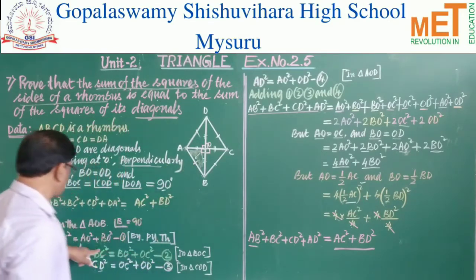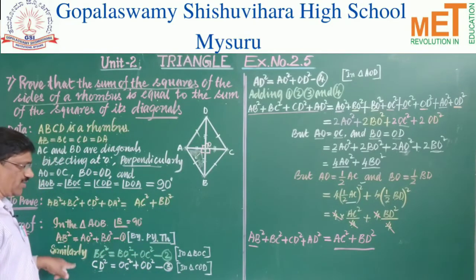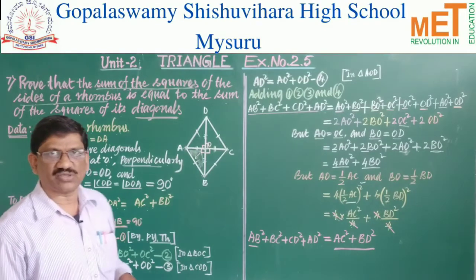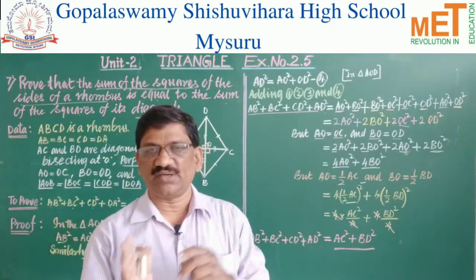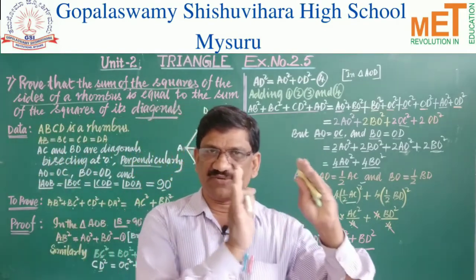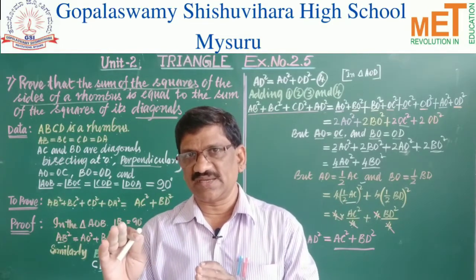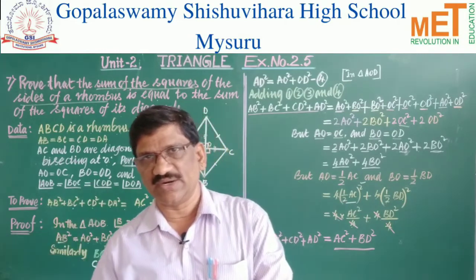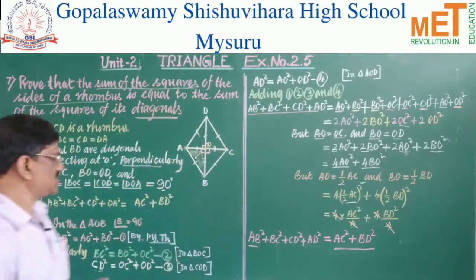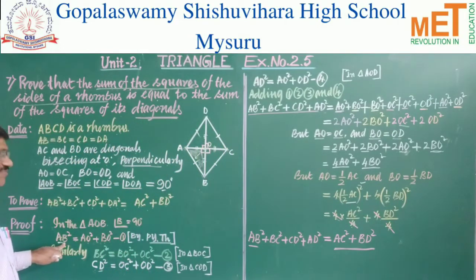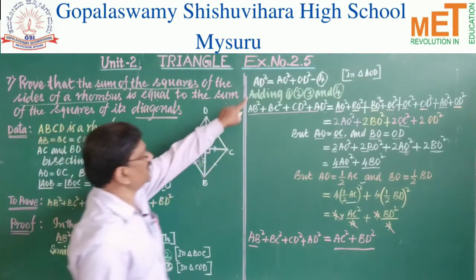So here we shall add all the 4 equations. While adding equations, you have to add the terms which are on the left hand side of the equals sign only, and the terms which are on the right hand side on the right hand side only. Clear, children? So the terms on the left hand side are AB square, BC square, CD square and AD square.